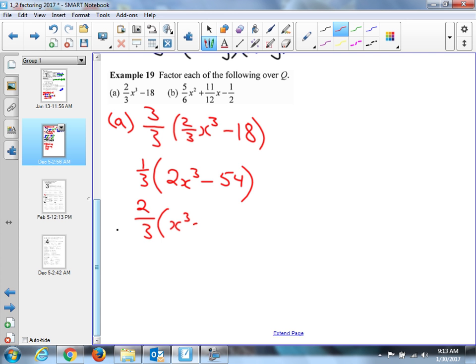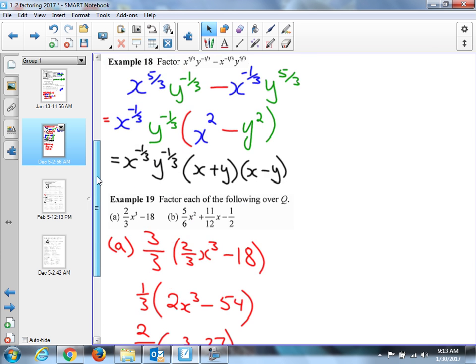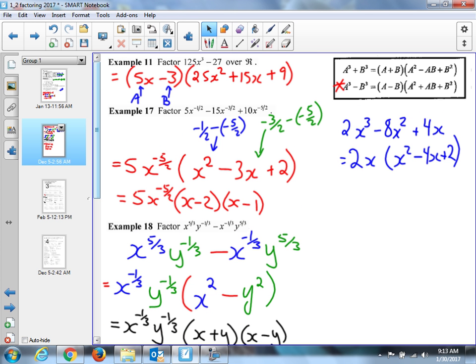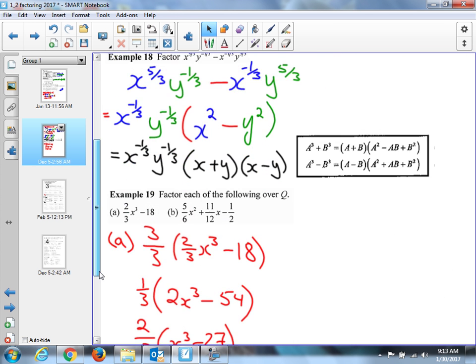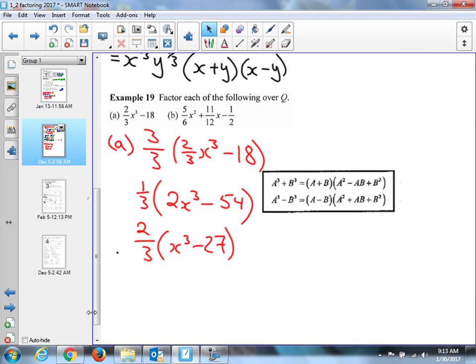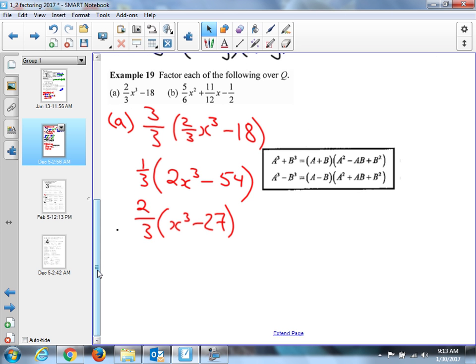So x cubed minus 27. Hey, that's a difference of cubes in it. Oh, gravy. I'm going to pull that one of them down, though. Now, a cubed minus b cubed. My a is like the letter x, my b is like 27.